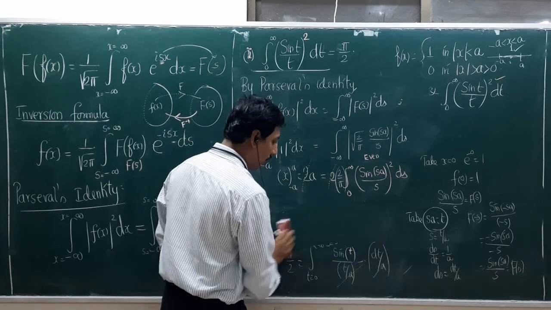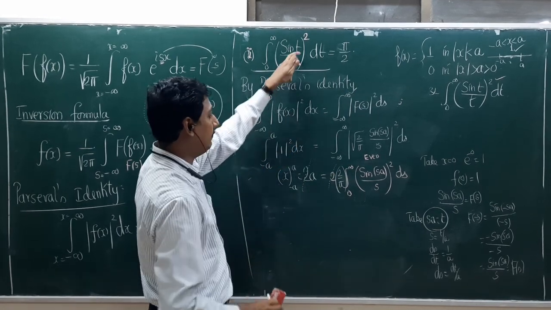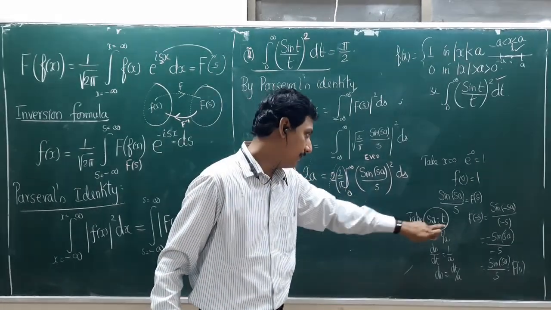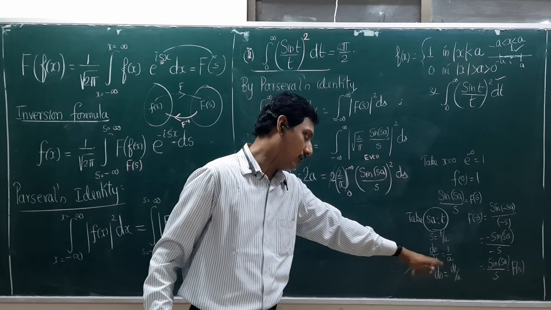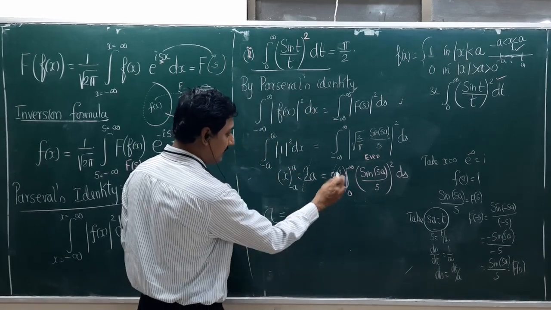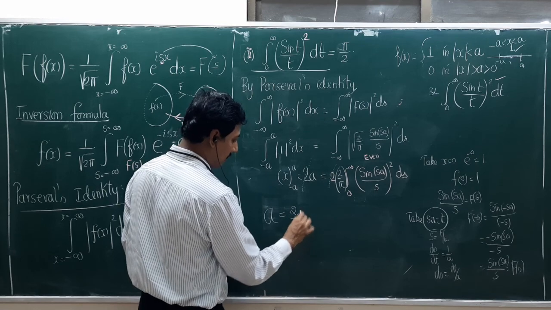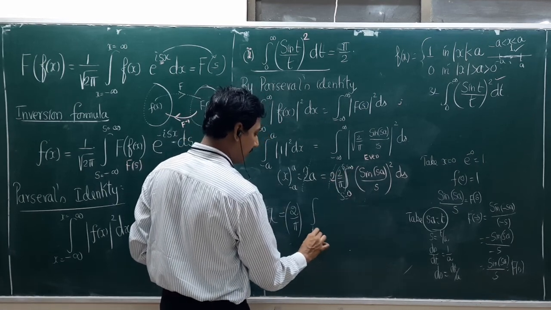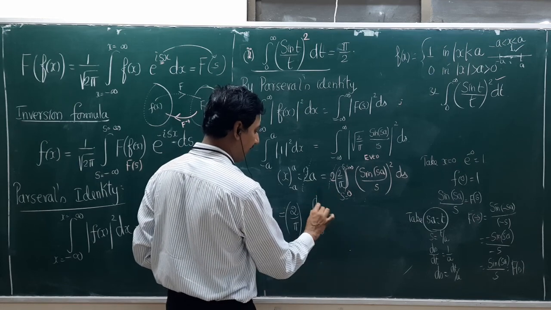Once again I want to rewrite this in terms of t, because here we have sa. The same concept: take sa equal to t, s is equal to t by a, ds is equal to dt by a. So the left hand side becomes a, and the right hand side we have 2 by pi. Now when s is equal to 0, t is equal to 0, and when s is equal to infinity, t is equal to infinity.